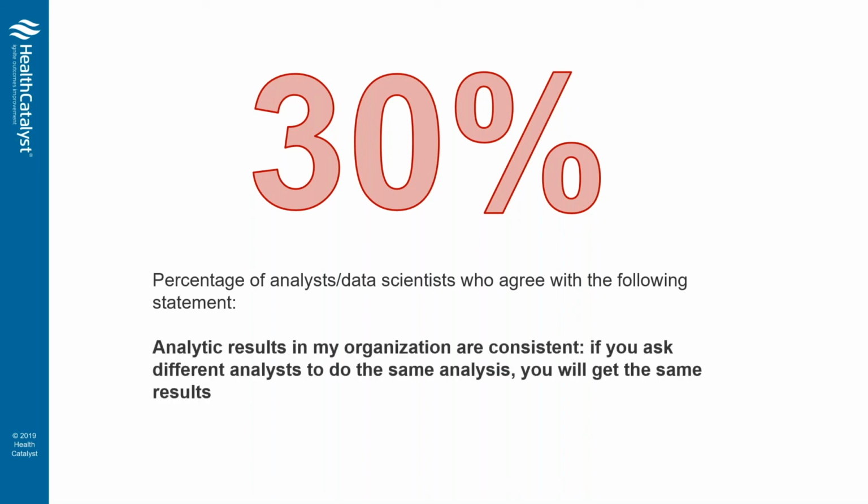Analytic results in my organization are consistent. If you ask different analysts to do the same analysis, you will get the same results. That's bad. That means that even the individuals generating the answers don't feel that their process is consistent. And you know what? There's so much complexity in some of the code, you may not even get the same answer from the same analyst if you ask them at different times.